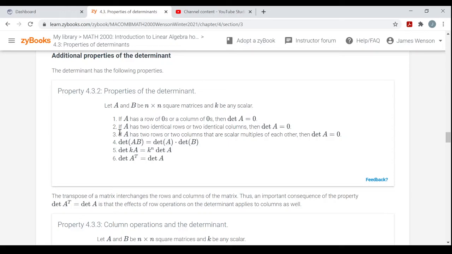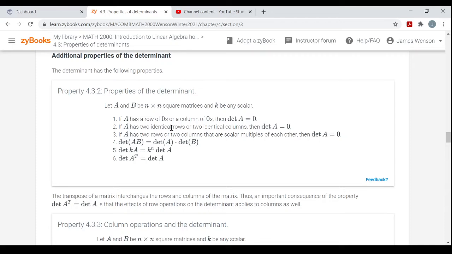Number 2. If A has 2 identical rows or 2 identical columns, then the determinant of A is 0. Think about that. We talked about how the row operations affect determinants.